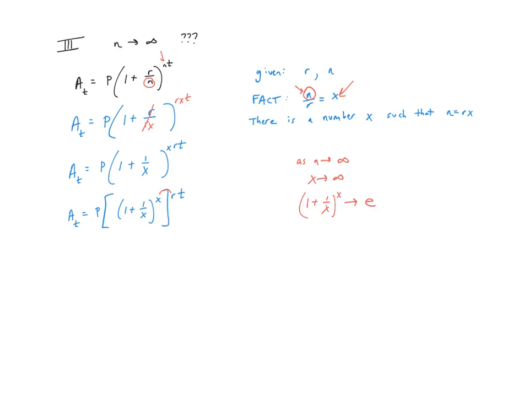So we derived a formula for what is called the continuous compounding of interest. When a bank says it's continuously compounding interest, your money grows according to the following formula. The amount of money after t years is equal to your principal times e to the rt power.